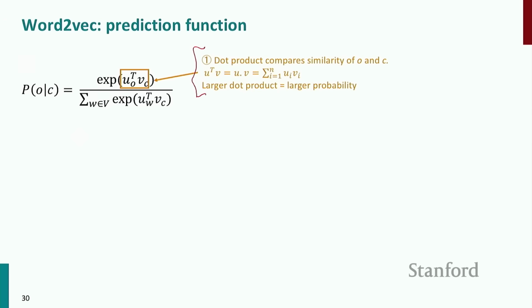So the dot product is you take the two vectors, you multiply each component together and you sum them. So if they're both the same sign, that increases your dot product, and if they're both big, it increases it a lot. Okay, so that gives us a similarity between two vectors, and that's unbounded. That's just a real number. It can be either negative or positive.